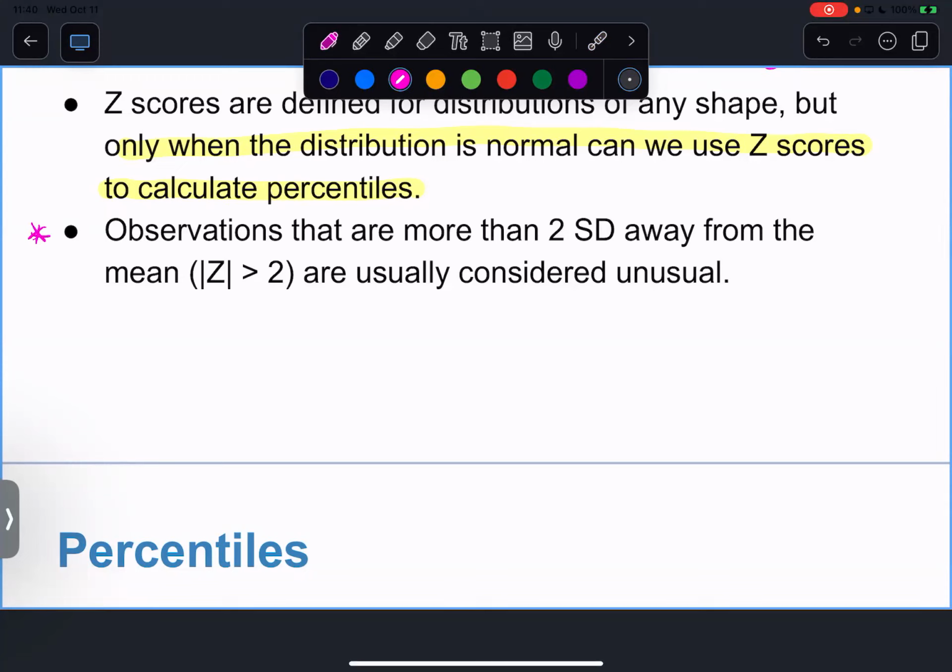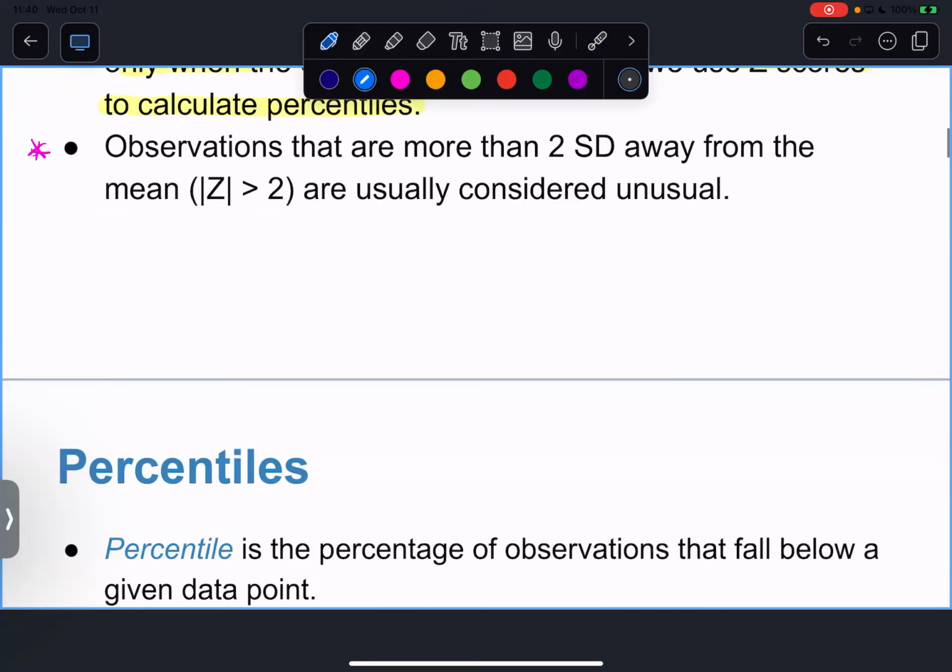But as a rule, okay, this is going to come in handy. Now we mean the absolute value of Z. Why? Because I could go below the mean 2 standard deviations, or I could go above the mean 2 standard deviations. And so here on this normal distribution, don't have to go too crazy, draw the general shape.